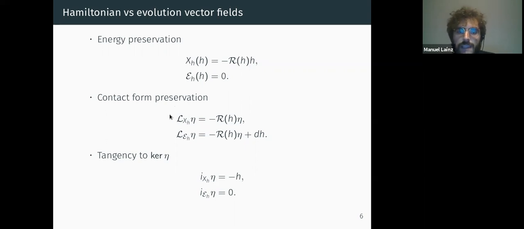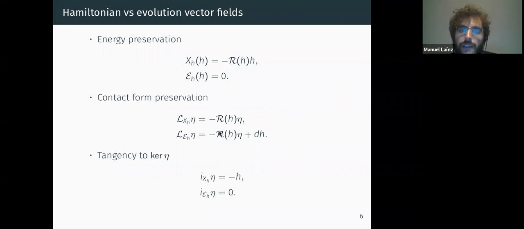Another difference is that the Hamiltonian vector field does not preserve the contact form exactly, but you multiply it by a function. It's what we call a conformal contactomorphism. The flow of this Hamiltonian vector field will be scaling the contact form, multiplying it by a function.